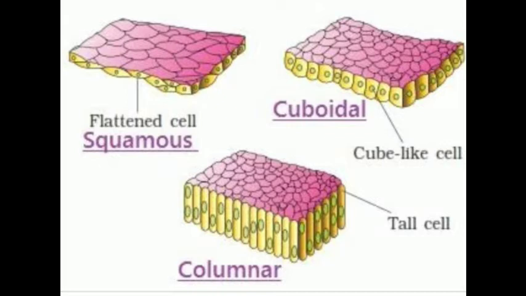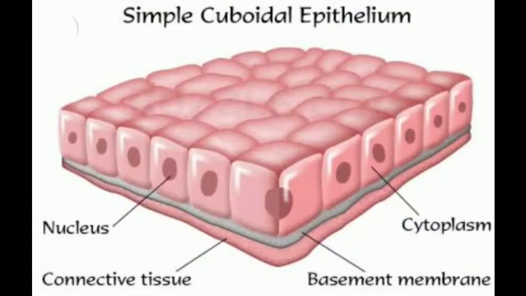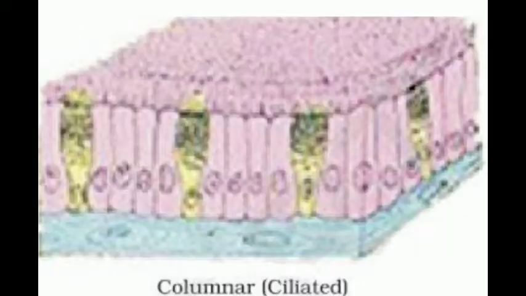Next is cuboidal epithelium. They are cube shaped with nucleus at the center and the outline is polygonal. Just see the diagram also. It is present in the lining of kidney tubules and duct of salivary glands.